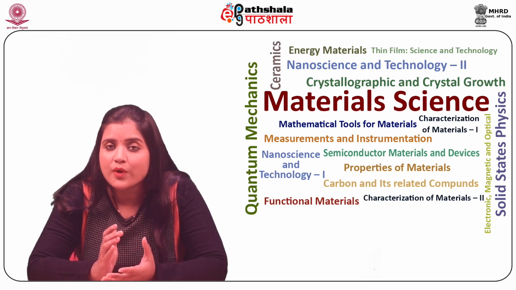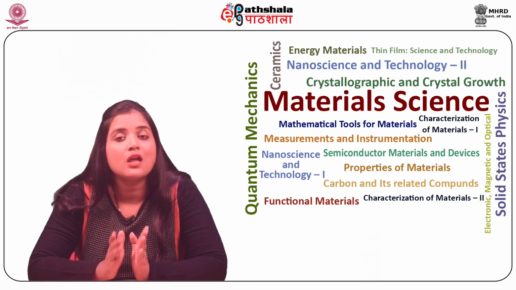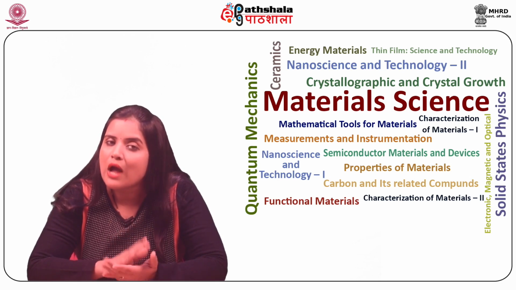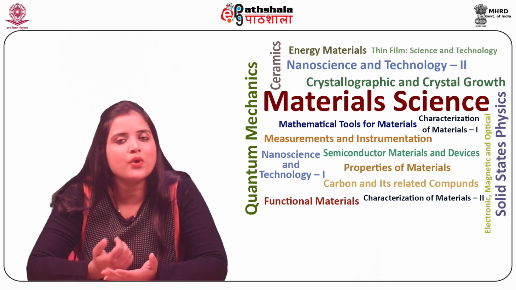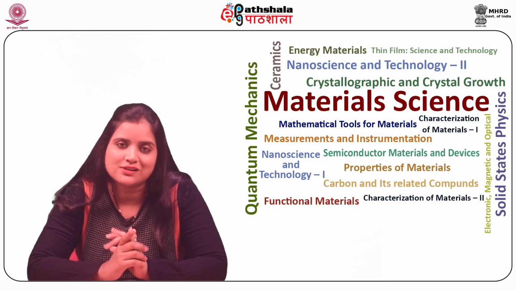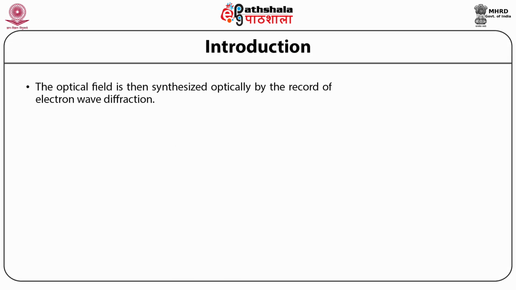Rather than perfecting the electron lens, he displaced it entirely and found that the complete information of amplitude as well as phase of an electron wave is contained within its diffraction pattern. The optical field is then synthesized optically by the record of electron wave diffraction.